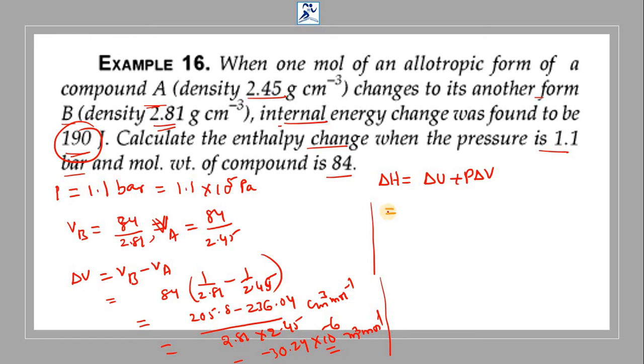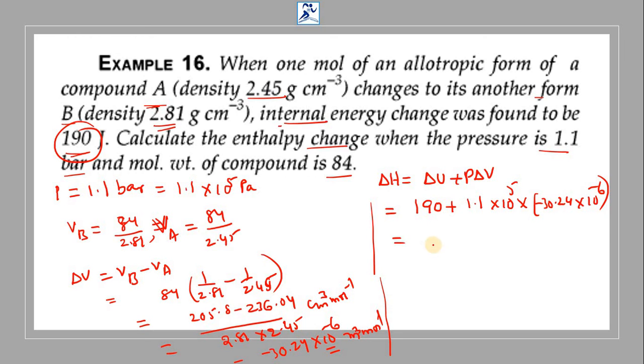Delta U value given in the problem is 190 joules plus pressure value, it is 1.1 into 10 power 5 pascals, means Newton per meter square, into change in the volume. Change in the volume we have got the answer, that is minus 30.24 into 10 power minus 6.